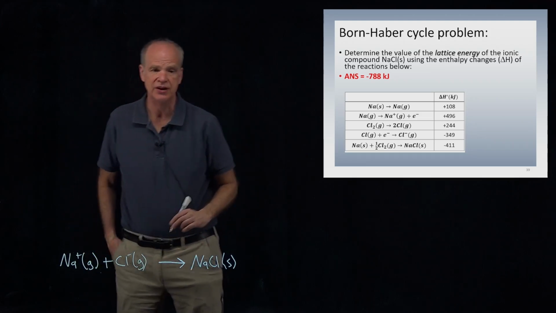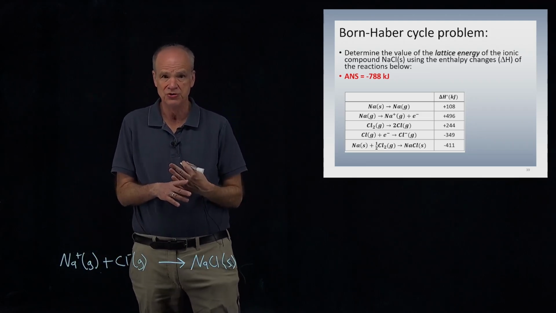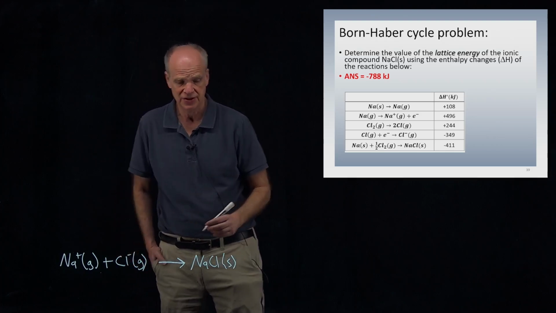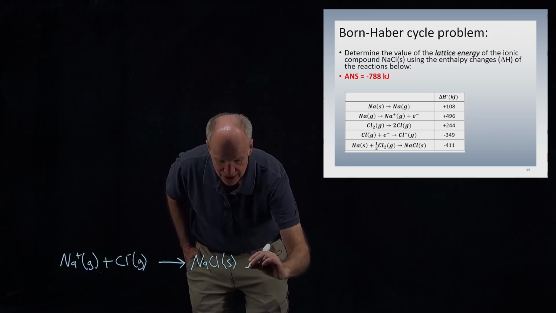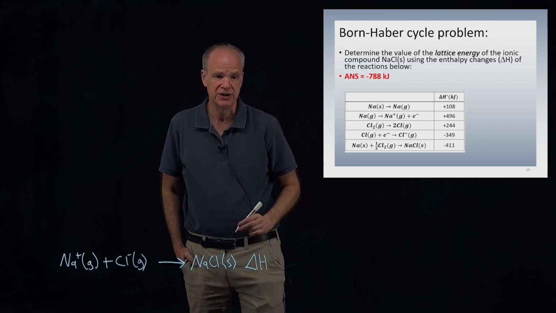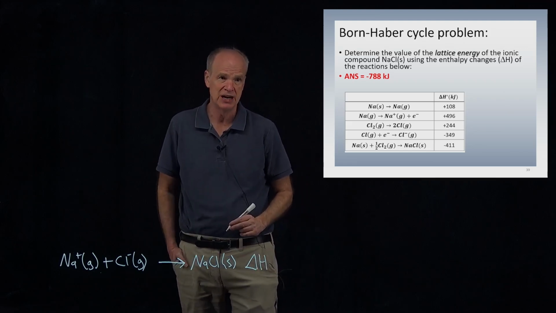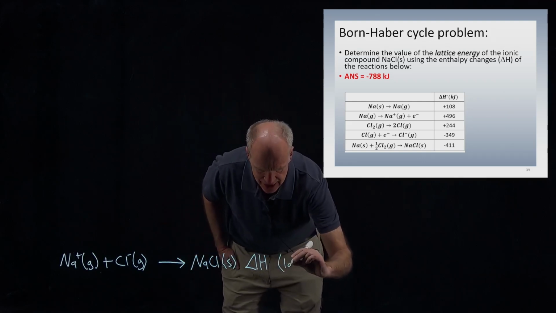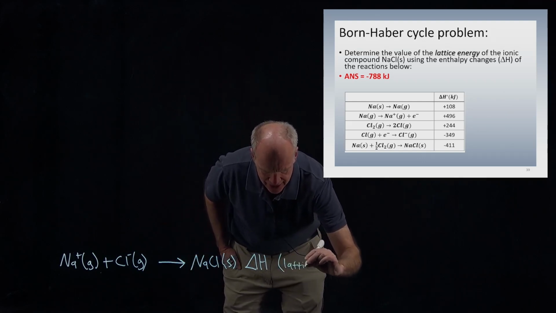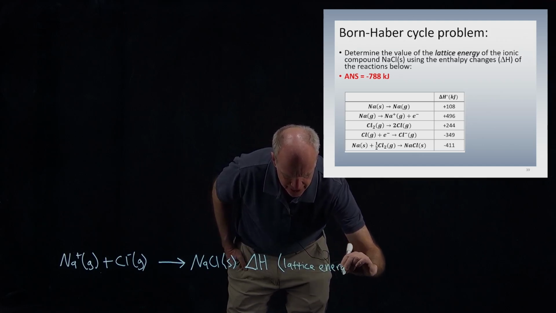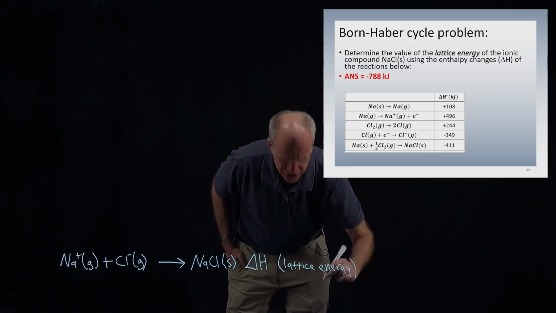And then they will approach each other and bond to one another and form solid sodium chloride. And so what we're trying to find is the enthalpy change of this reaction. So the delta H of this reaction, which is also called a lattice energy. So maybe I should just indicate that this happens to be the lattice energy for the formation of solid sodium chloride from its constituent ions in the gas phase.